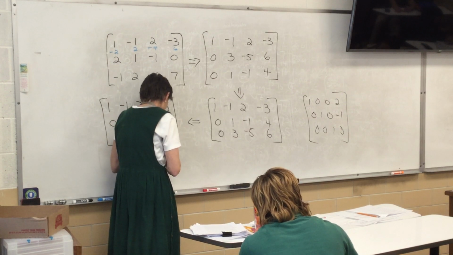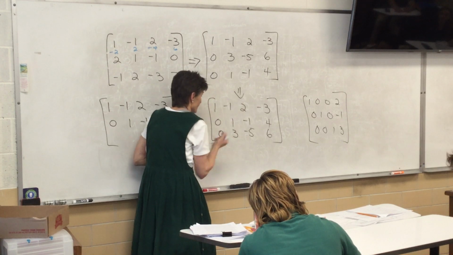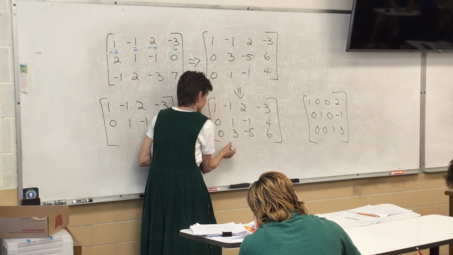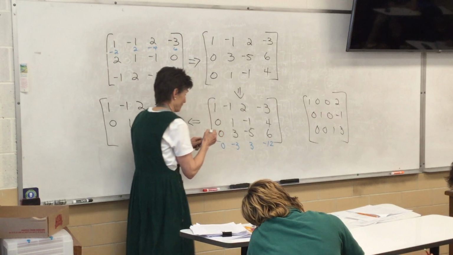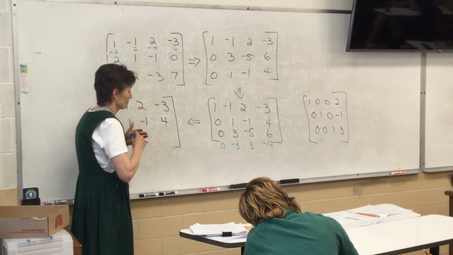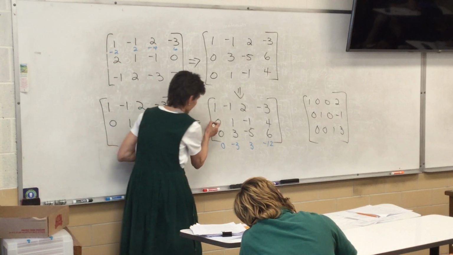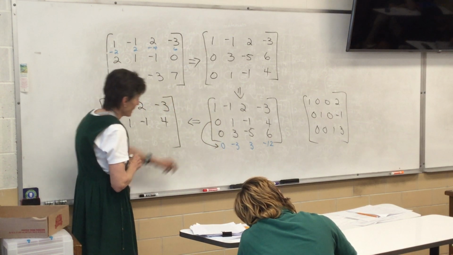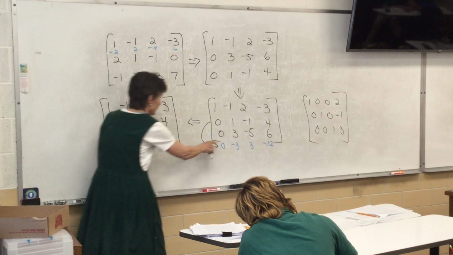What am I gonna multiply to get rid of this guy right here? Middle row by -3. I'll write it down here. The middle row by -3. So this is the middle row times -3. Now I'm gonna add those together, and there comes my 0, right where I wanted it.